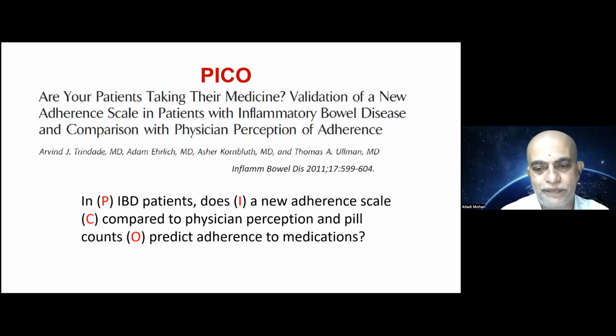What is the I? It is the new adherence scale. And what is it compared to? It is compared to the physician perception and pill counts. And what is it predicting, or what is the outcome? Adherence to medication. So whenever you look at a research article, try to get a hang of the PICO.